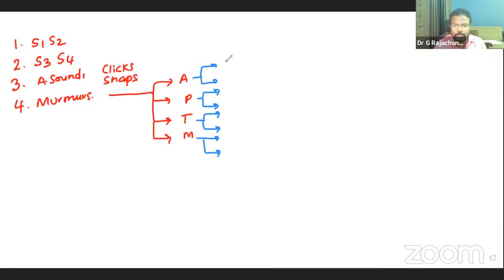Okay, aortic stenosis, you get a systolic murmur. Aortic regurgitation, you get a diastolic murmur. It is the same for pulmonary also. Stenosis, systolic murmur; regurgitation, diastolic murmur.